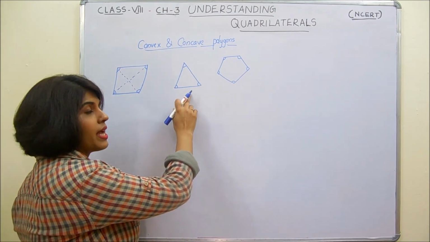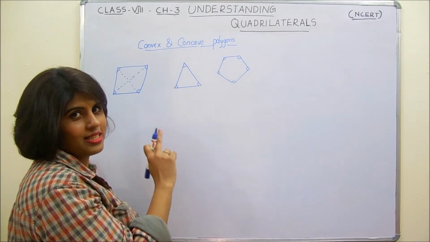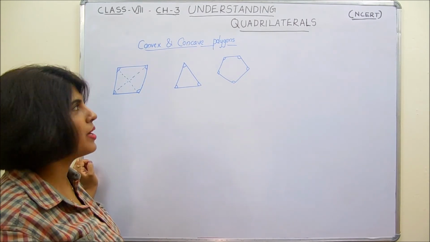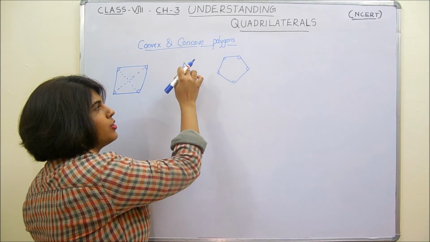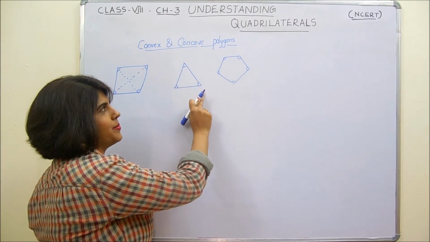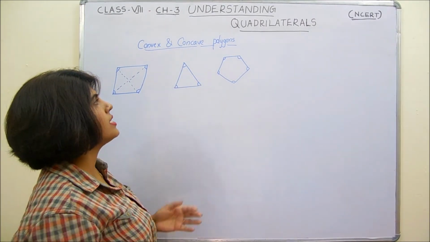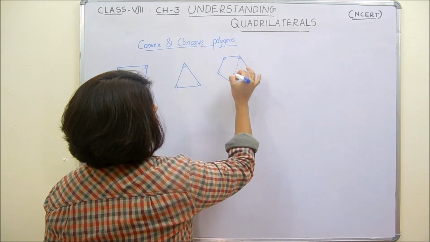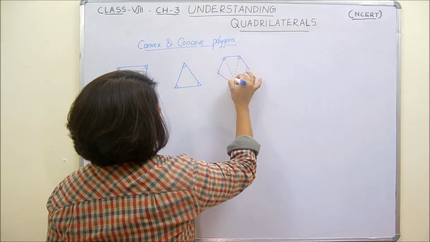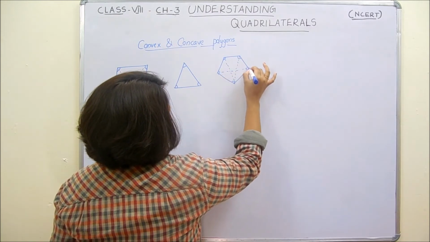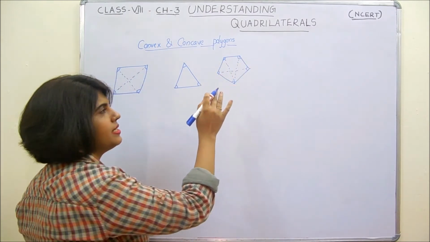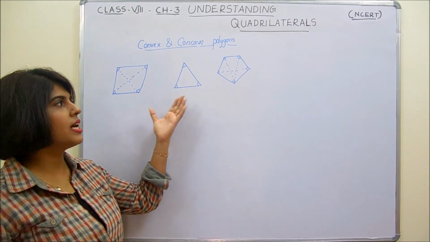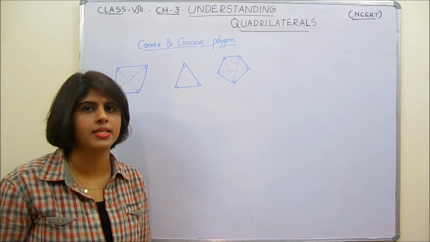For a triangle, we cannot apply this because a triangle does not have diagonals, because we cannot find any non-adjacent vertices here. And here also we can see that all its diagonals, this is one diagonal, second diagonal, third diagonal, everything lies inside the polygon. Okay, so these are the peculiarities of convex polygons.